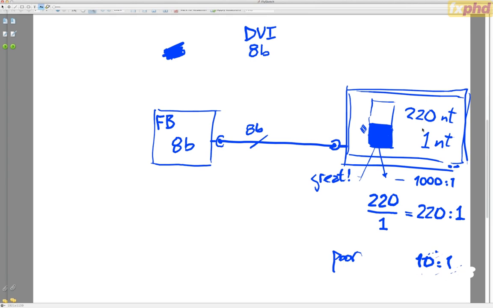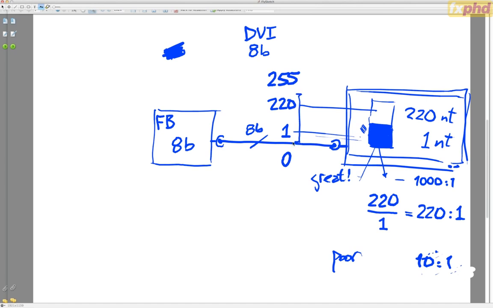So those luminance levels are associated with numbers across the wire. Let's say for the example for the moment that the number that represents black is 1 and the number that represents white is 220. Now that white value could go up to 255 and the numbers on the wire could go down to 0.